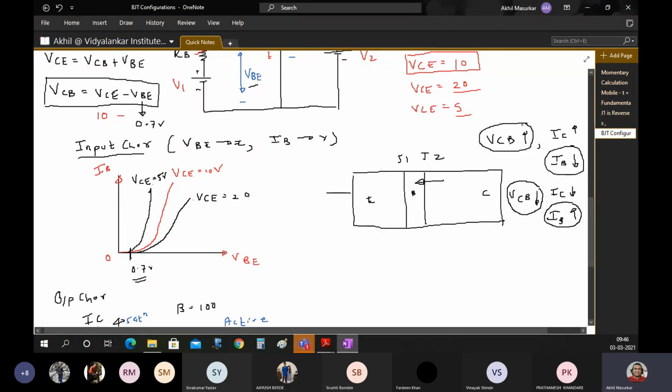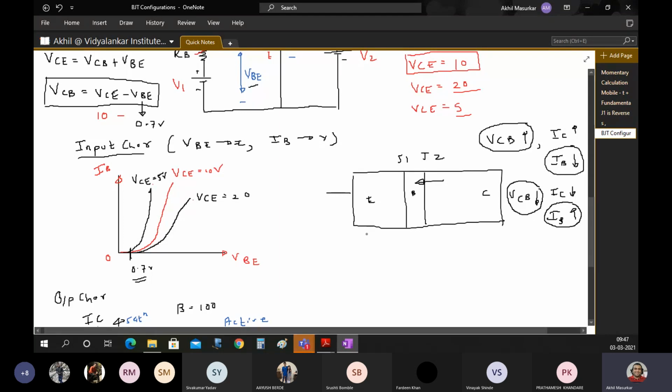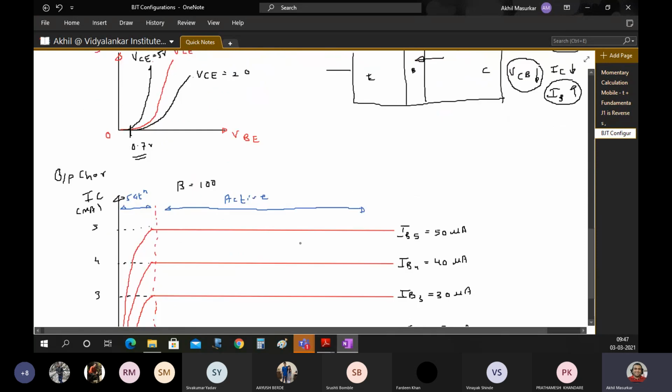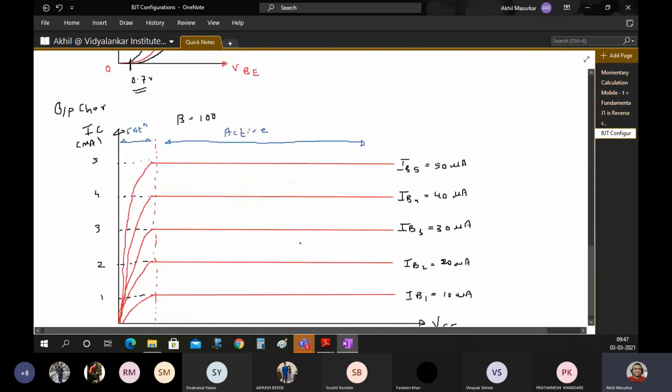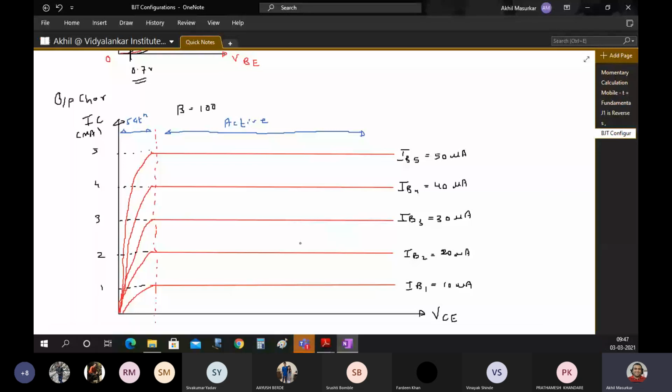As far as the output characteristics are concerned, since IE is not held constant as it is for the common base characteristics, the shortening of the distance between the depletion regions draws more charge carriers from the emitter to the collector.